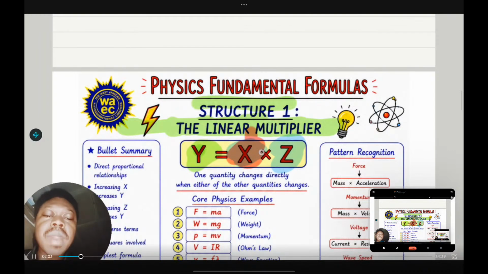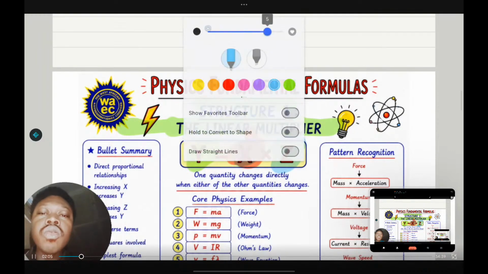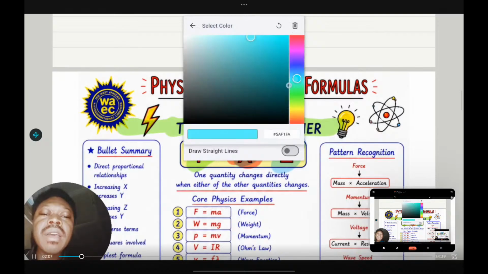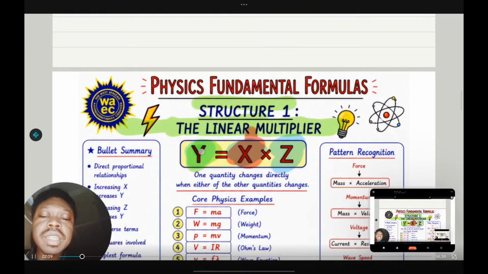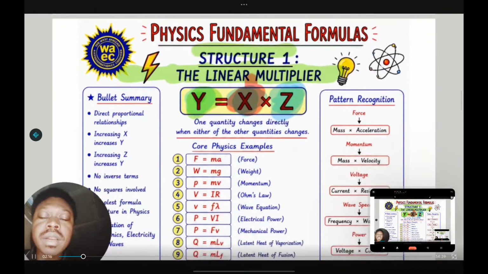Y equals x multiplied by z. So all you need to do is to identify what y represents, then what x represents, and what z represents. Are we together? So one quantity changes directly when either of the other quantities changes. That's what this one means.